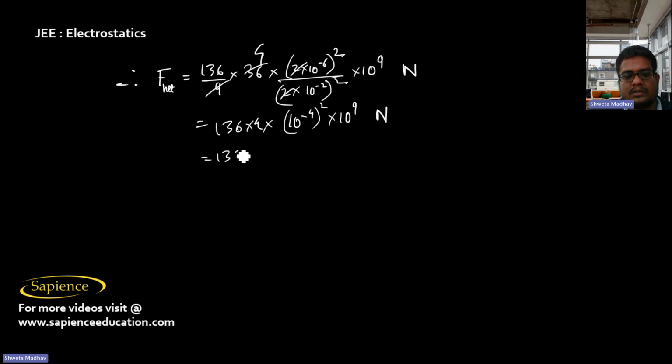So this will be 136 into 4 into 10 power 8 minus 8, so 9 minus 8 is 10.